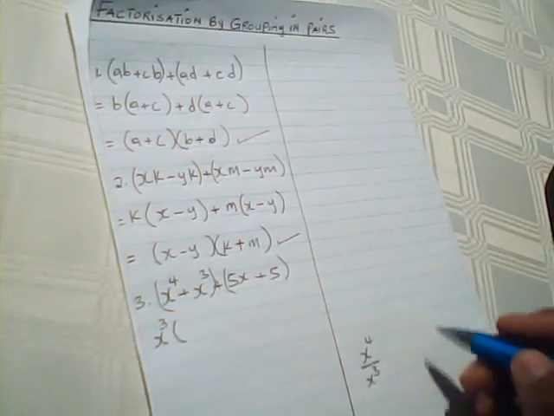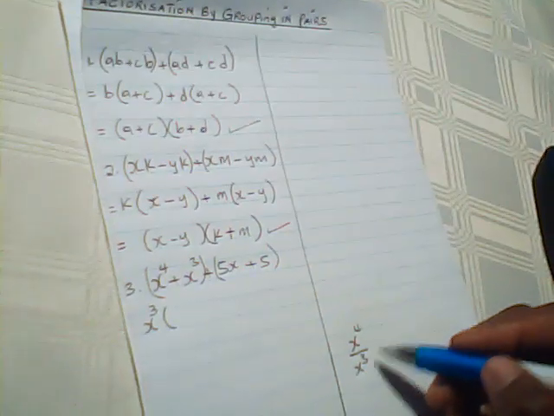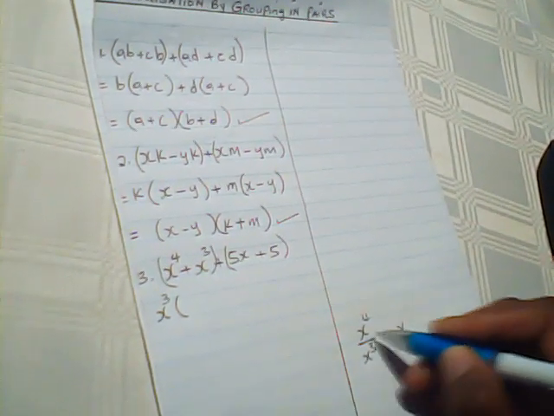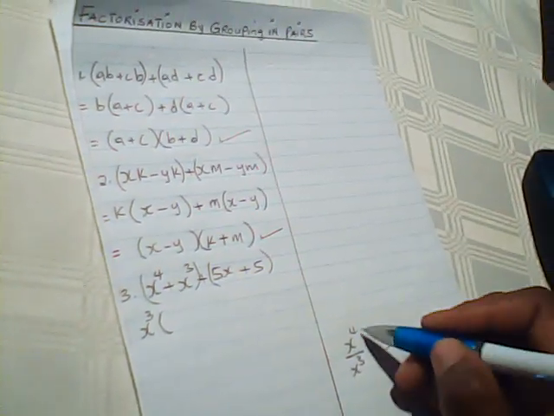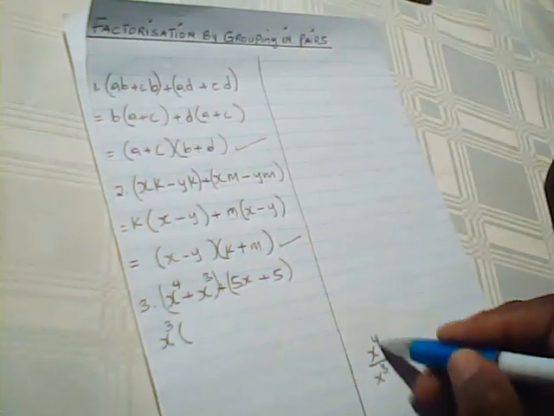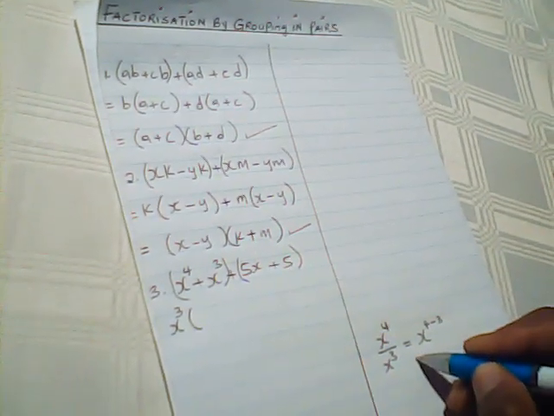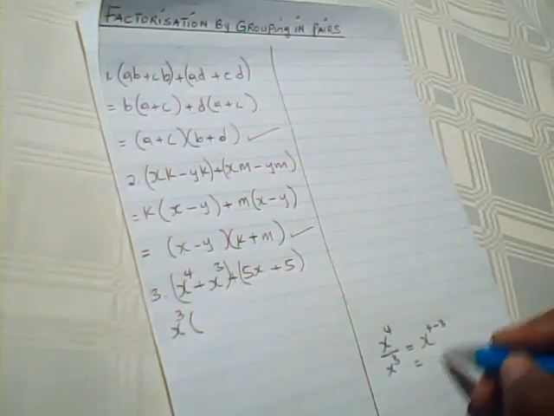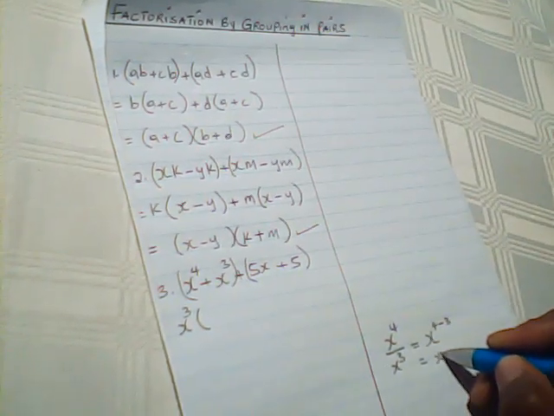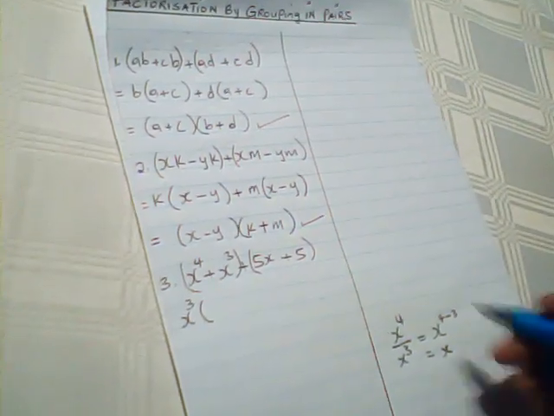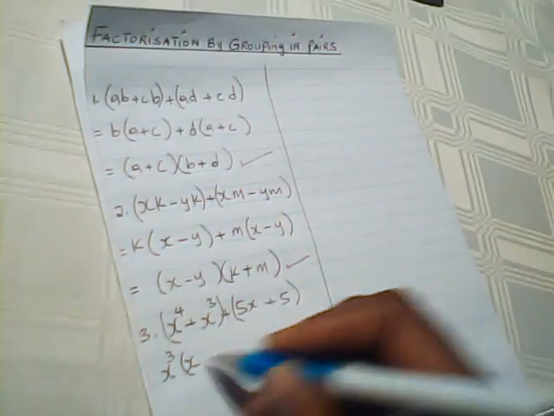The laws of exponents says that if you divide exponents of the same base, you take one base, then you subtract the exponents, which is 4 minus 3, and you get 1 there, and the answer is x. Any number raised to 1 is itself, so we are left with x here.